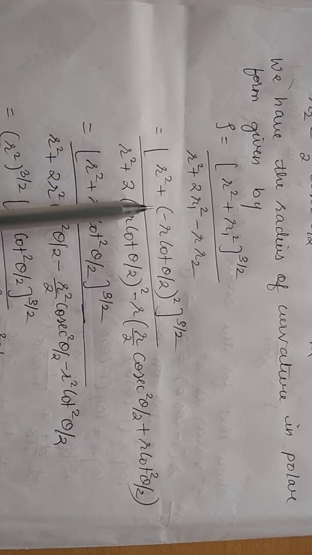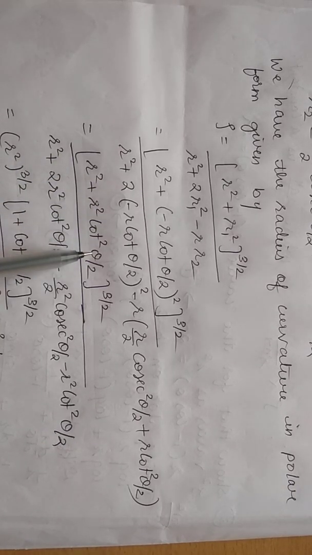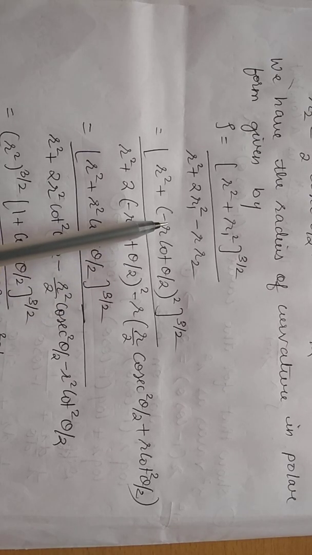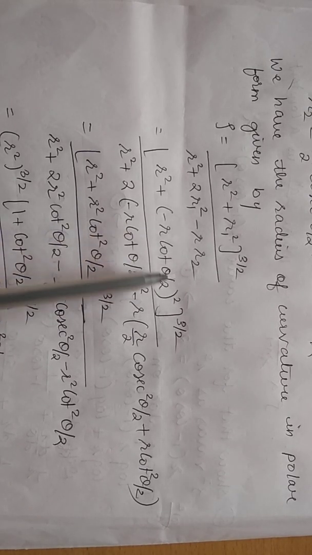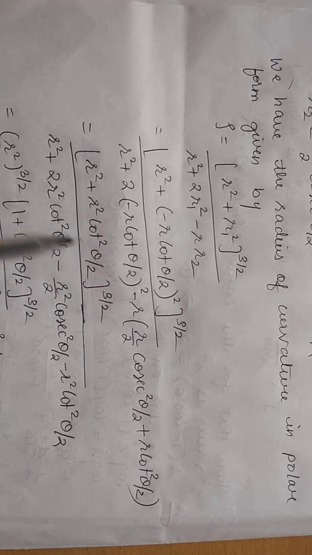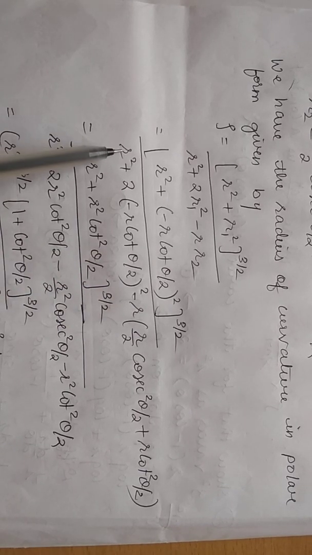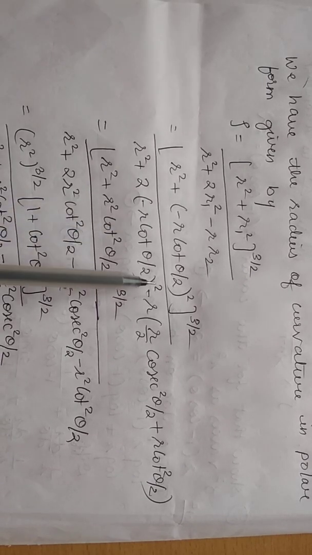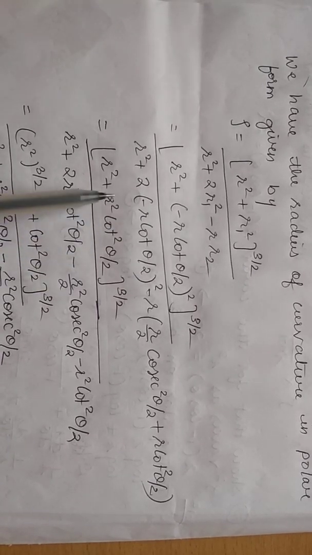So r square plus r square cot square theta by 2 raised to 3 by 2, over r square plus 2 r square cot square theta by 2, minus r square by 2 cosec square theta by 2 and r square cot square theta by 2.